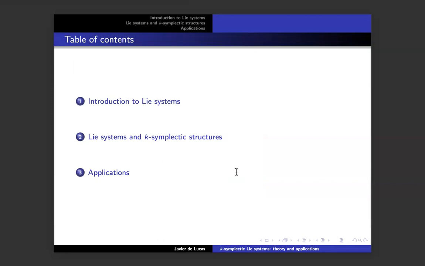Then after that, I will introduce Lie systems with compatible k-symplectic structures. This is a little bit weird from the point of view that normally k-symplectic structures, as Xavi said a week ago, are mainly used to study field equations.